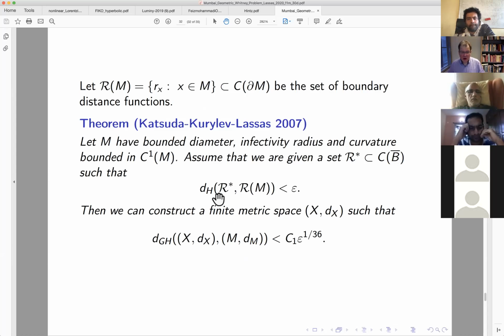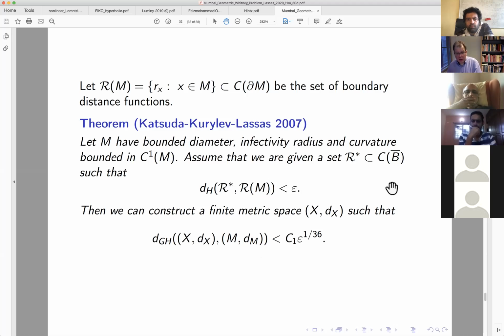So if we are given a collection of functions whose Hausdorff distance in the space of continuous functions to the true set of boundary distance functions is less than epsilon, then we can construct a metric space such that the metric space has Gromov-Hausdorff distance to the original manifold that is a constant times epsilon to the power 1/36, where this epsilon is the error in the data.